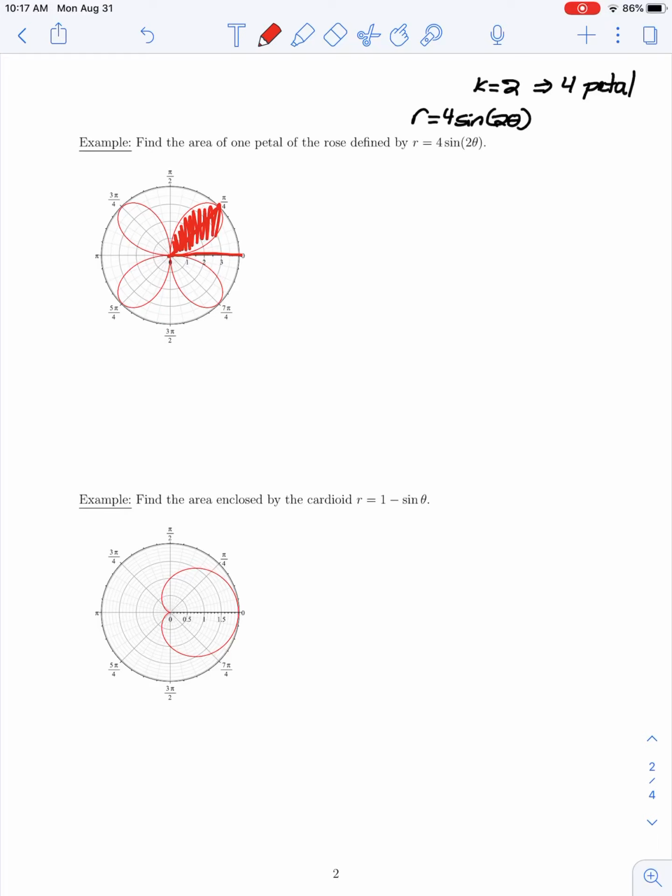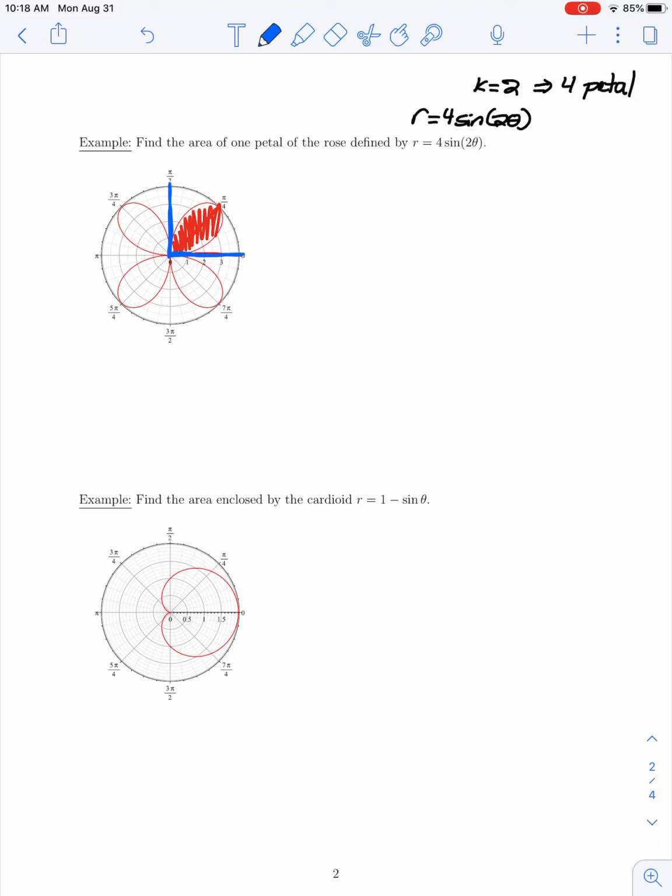Now in this particular example, it's not too difficult to determine that this first petal is traced out in the first quadrant, which would be determined by the theta interval, theta equals 0, or the positive x-axis, up to theta equals pi over 2, or the positive y-axis.